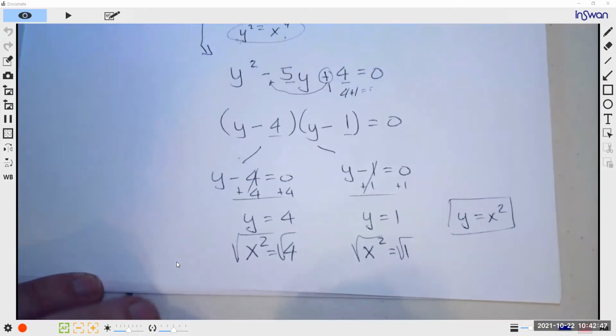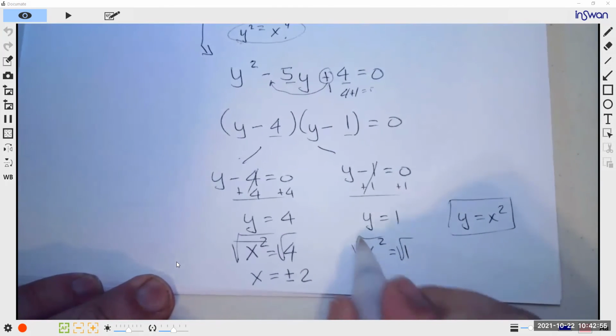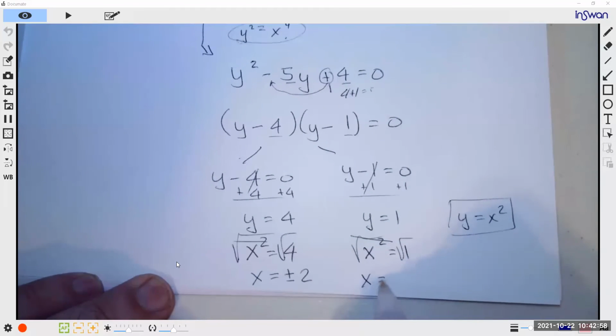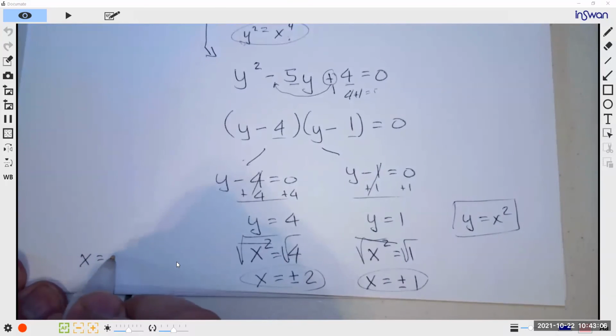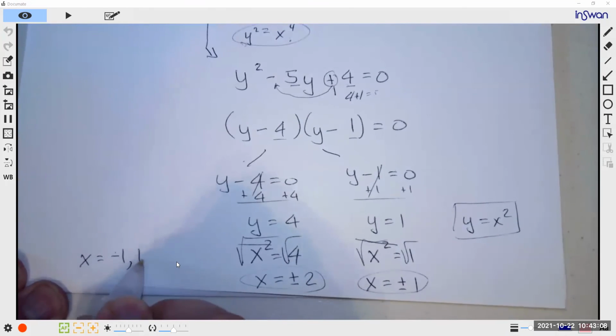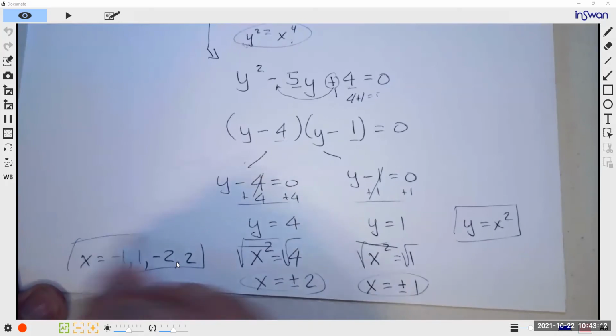So I square root both sides. X equals plus or minus 2. X equals plus or minus 1. Those are my 4 answers. X equals -1, +1, -2, +2.